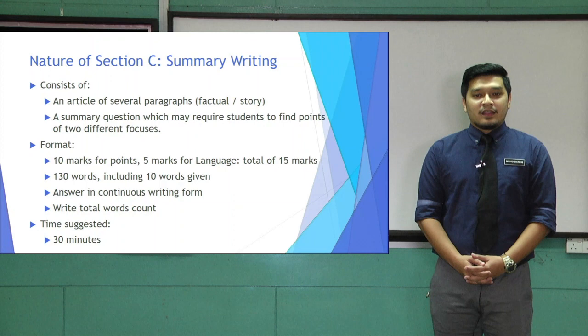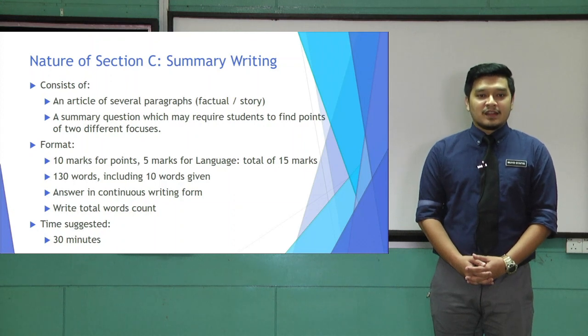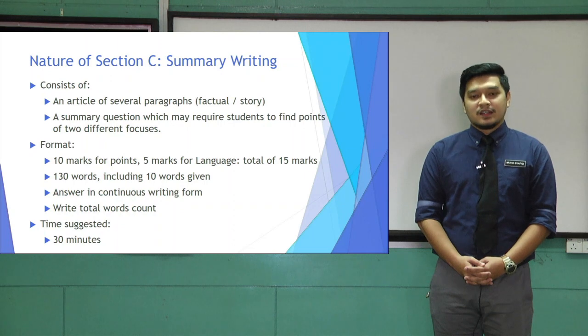The format of summary writing is, you will get 10 marks for 10 points, 5 marks for language, so the total will be 15 marks. And then there is a word limit that we have to obey, that is 130 words including 10 words given. So meaning to say, you only have to write 120 words because the 10 words are already given in the question.